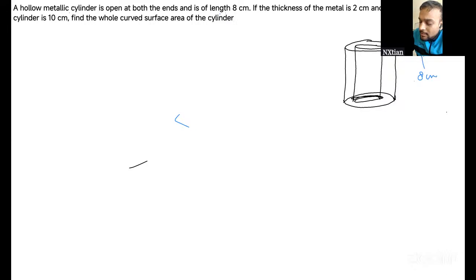So the 8 centimeter is the height for both the cylinders. If the thickness is 2 centimeters, it means this is 2 centimeter and this is also 2 centimeter, and the external diameter is 10 centimeter. Find the whole curved surface area.